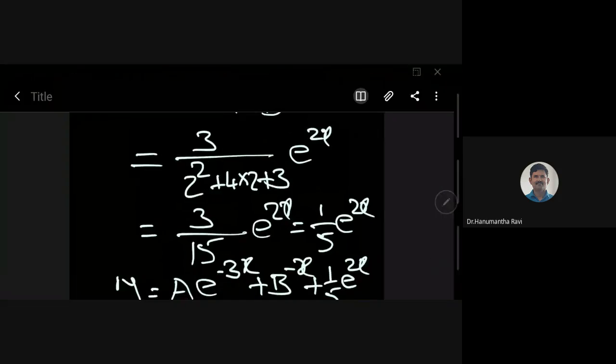If d square y by dx square minus y is equal to 0, then the answer is p e power x plus q e power minus x. What I mean to say is that if we have D square minus 1 acting on y is equal to 0, what are the roots here?